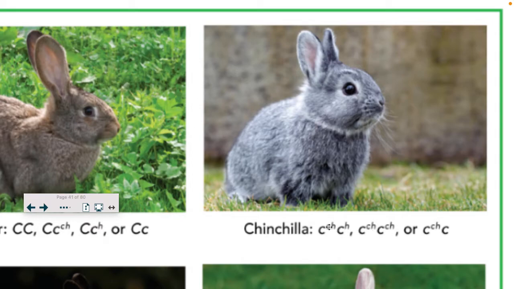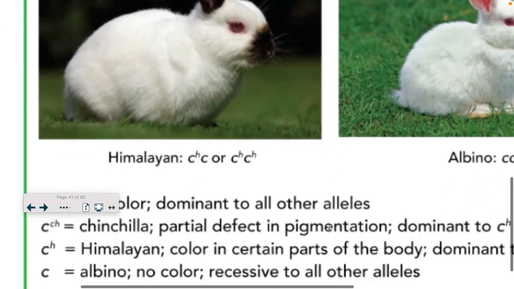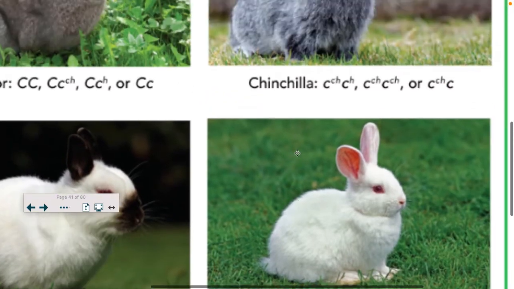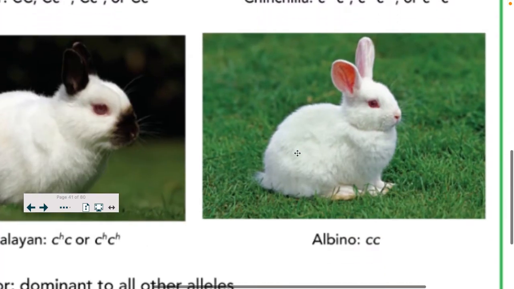So you need the ch to show the chinchilla color. The Himalayan, where it's almost like a Siamese, you know, dark coloration at the tips, is the ch allele. And then the albino is the 2 lowercase c's. And that is like the recessive of all of them. So there's probably some ranking that goes on with these multiple alleles.